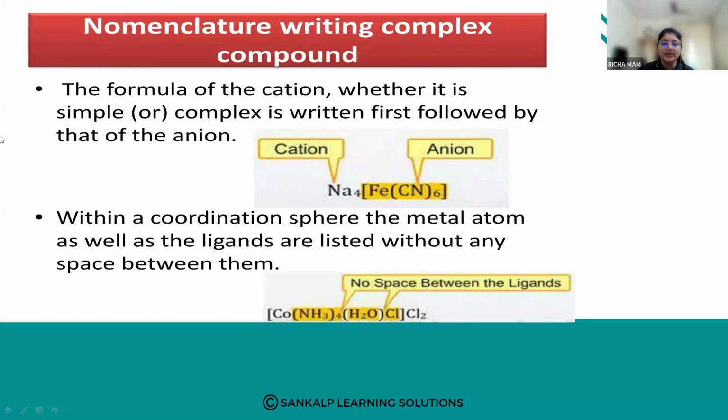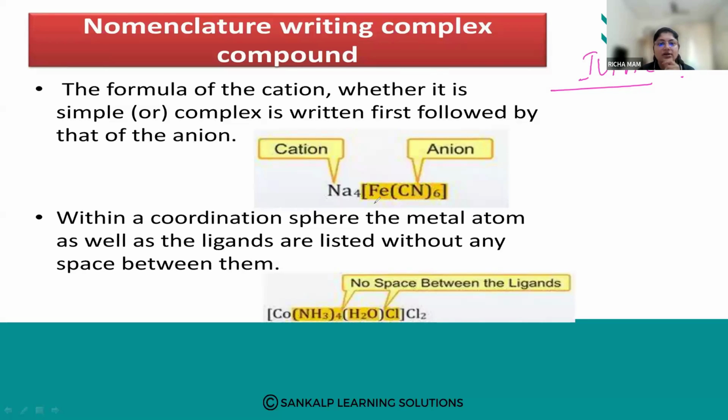Let us see the nomenclature of coordination compounds. According to IUPAC, there are some rules while naming the coordination compounds. So what are the rules? The first rule is the order of naming the ions.